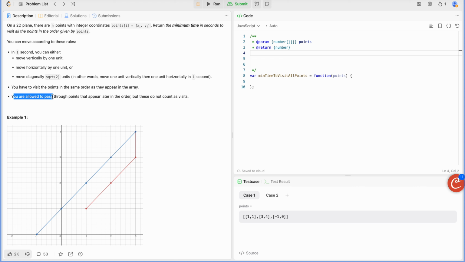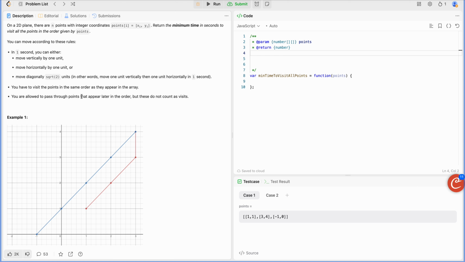You are allowed to pass through points that appear later in the order, but these do not count as visits. Okay, so suppose I want to go from this point to this point, I need to visit in order, but it's not that I cannot go back.